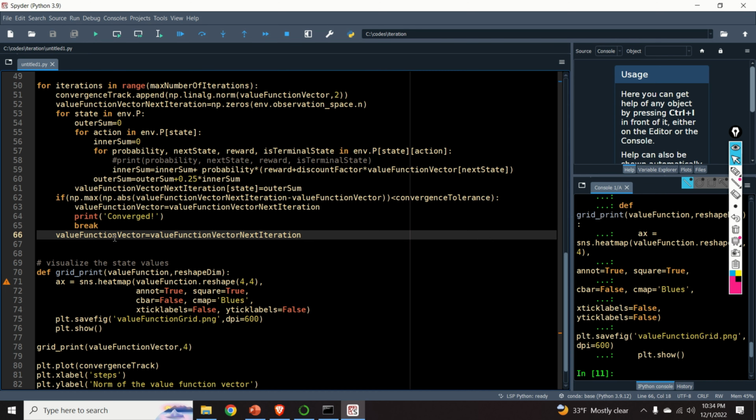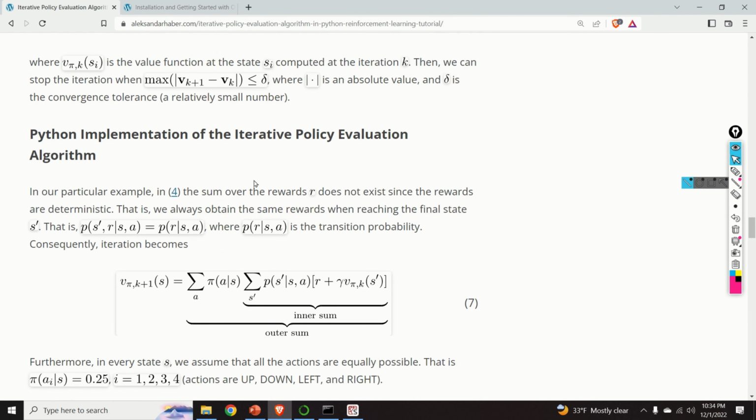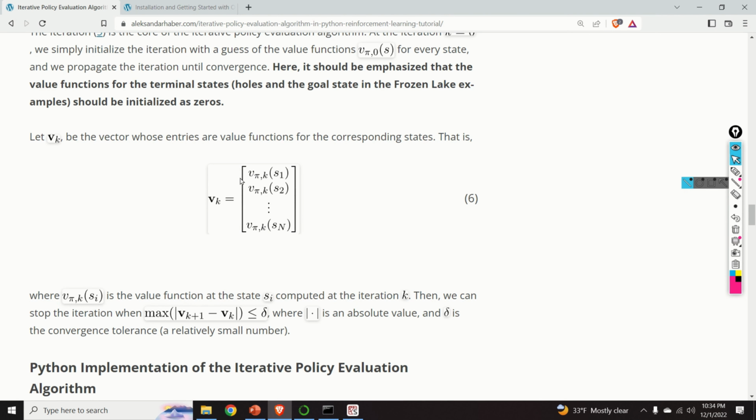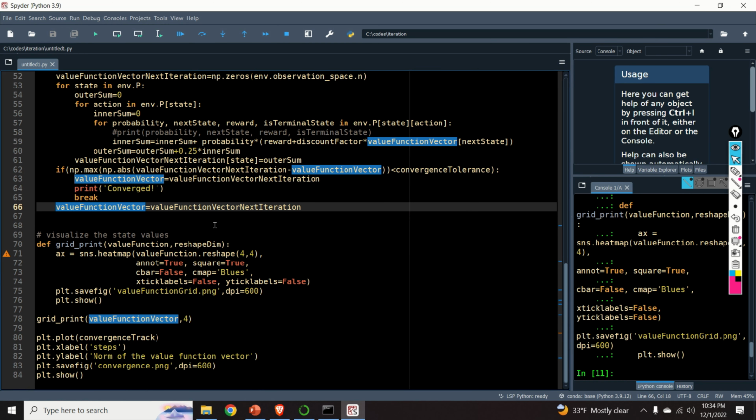Basically, this function will take my vector vk and transform this vector into a 4x4 grid and do a plot, or better to say a heat map, that will visualize the values of the value functions. So let us see the result.